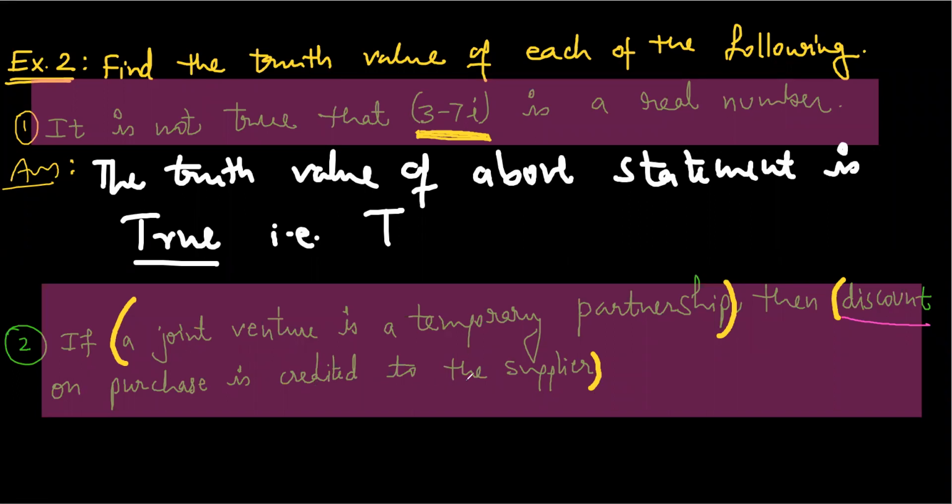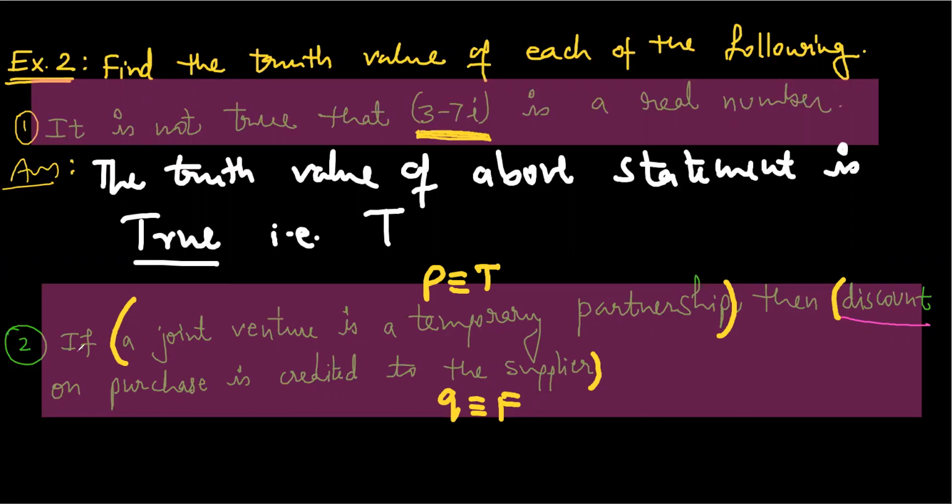So here we have the first one true. If I call this P, then P is true. If I call this Q, it is false.